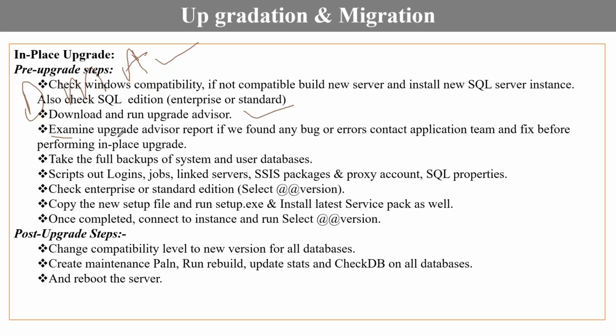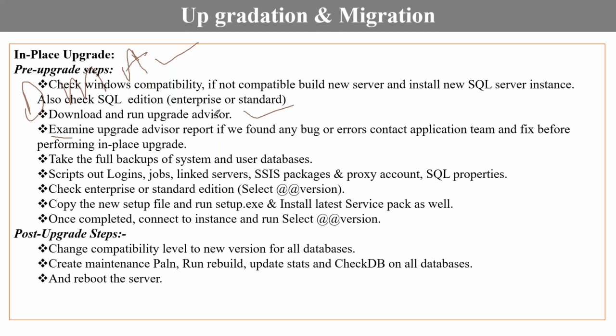So that is the second point. Once you run the upgrade advisor, don't think that your work is done. You need to examine the report completely. Open the report and see if anything is blocking your upgradation. If nothing is there, you can smoothly go for in-place upgradation.